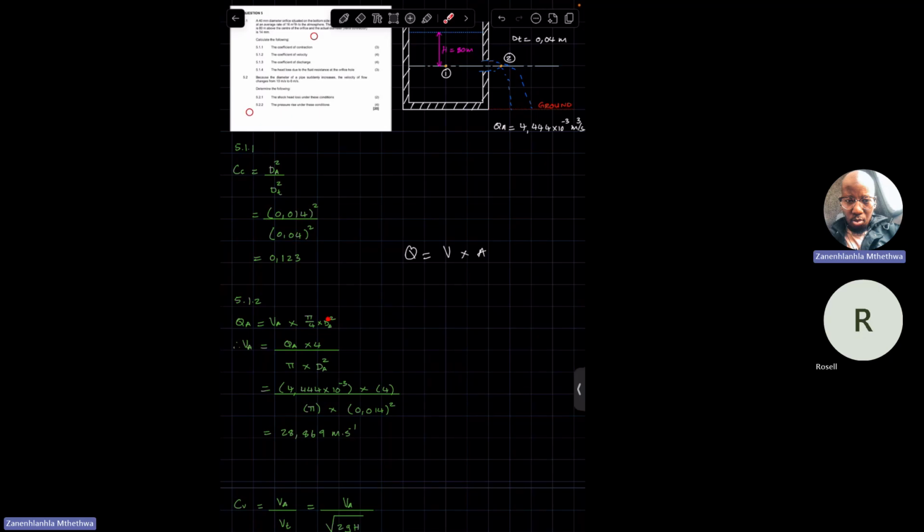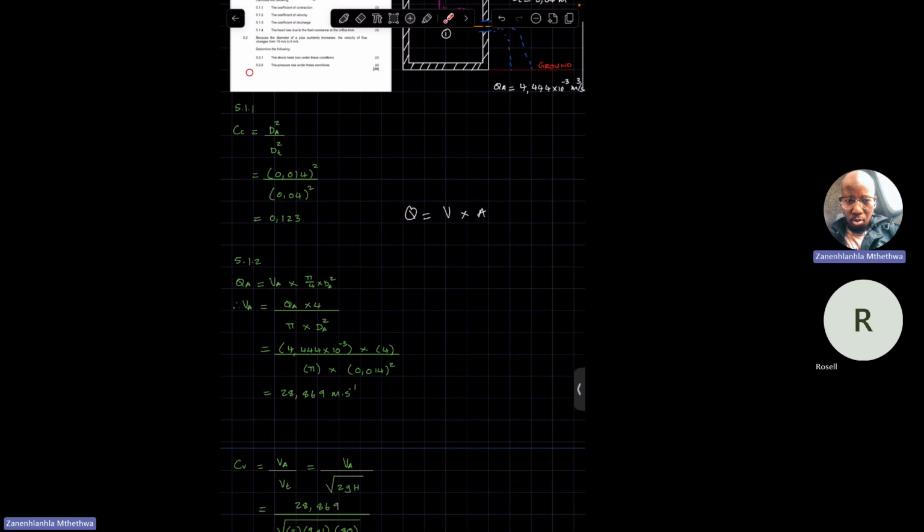After using this formula, you make VA the subject of the formula. Then you simply substitute here, and after substituting, this is what we get. Any questions there? No, sir. All right. So no questions here.